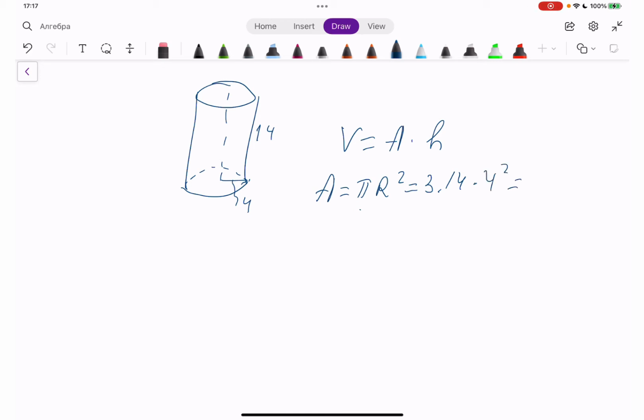So let me multiply 3.14 times 16, and that's going to be 50.24. And then for volume, 50.24, I am multiplying by 14. And that's going to be 703.36.